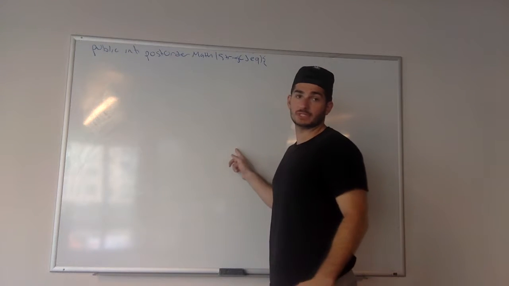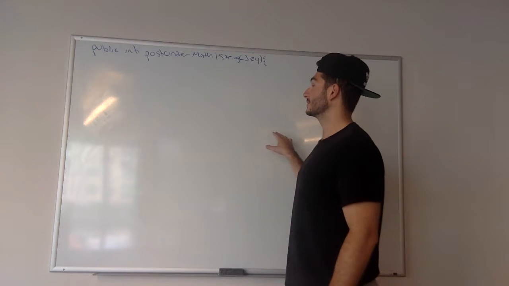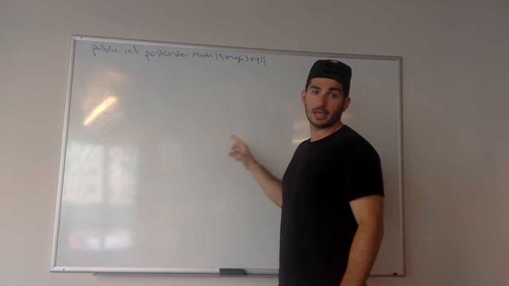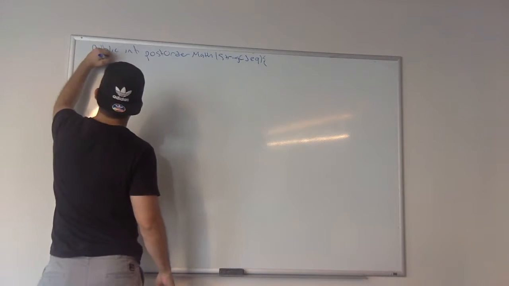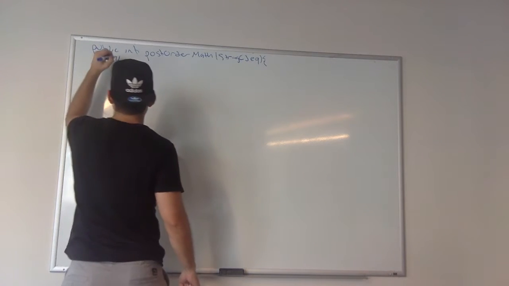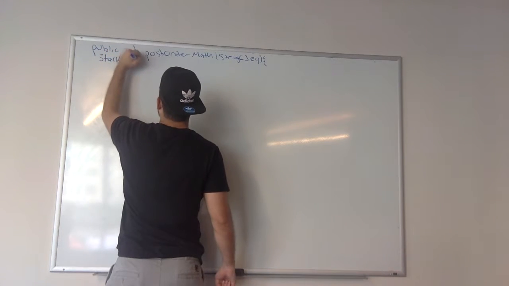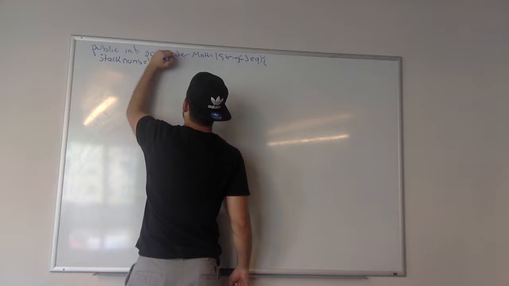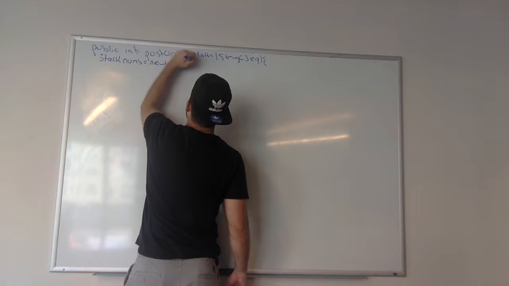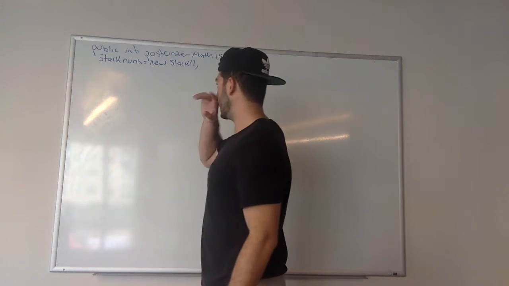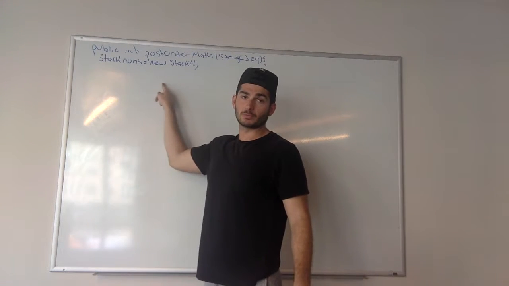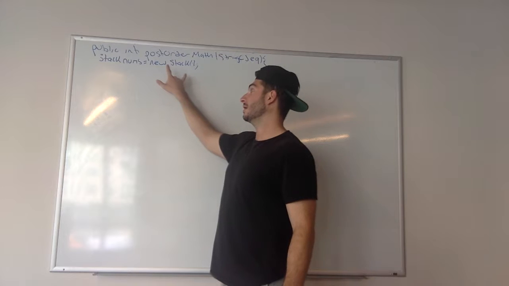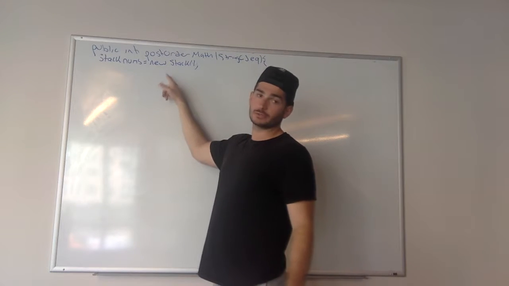Okay, now we have the signature. The first thing I want to do inside the method is initialize one stack and one queue. The stack I'm going to call nums, because it's going to be responsible for holding all of the integers we'll be working with in the mathematical equation.